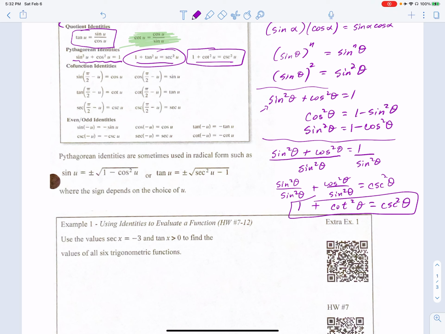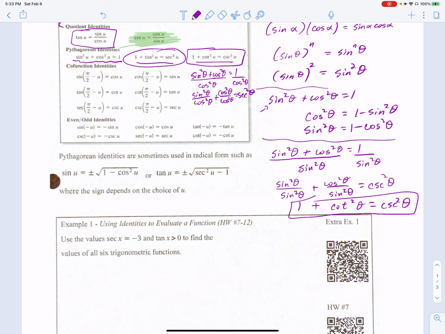Similarly, if I start with sine squared theta plus cosine squared theta equals 1, but I divide both sides by cosine squared theta, I have sine squared theta over cosine squared theta plus cosine squared over cosine squared theta, and 1 over cosine is secant, so I get secant squared theta.